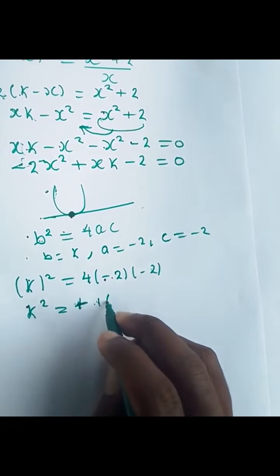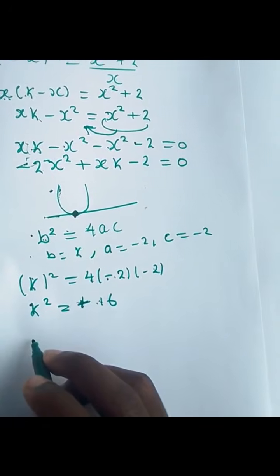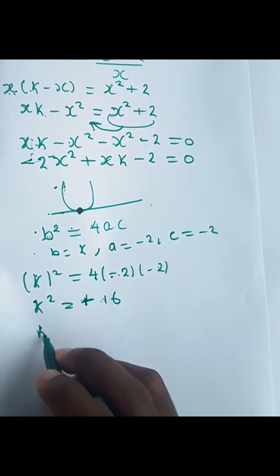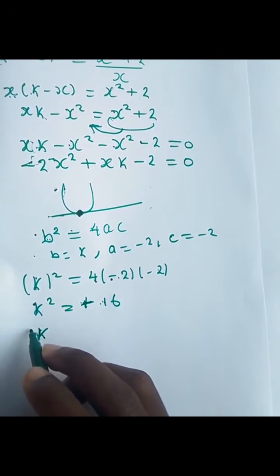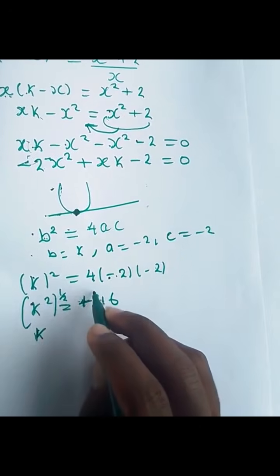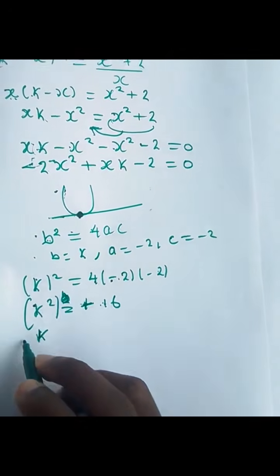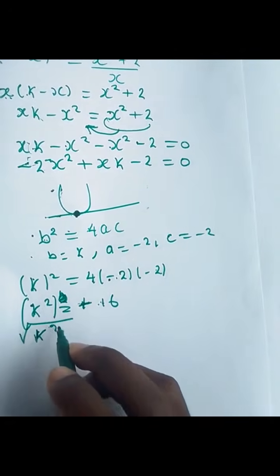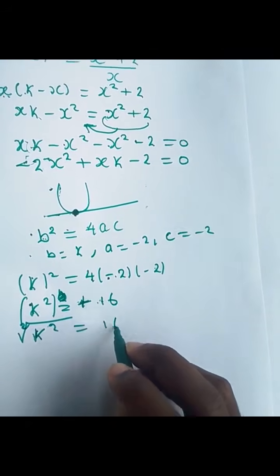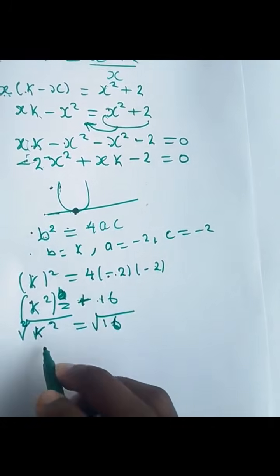So for us to solve for k, we are going to make k the subject of the formula. We are going to introduce square root to both sides, and this is going to cancel with this one.